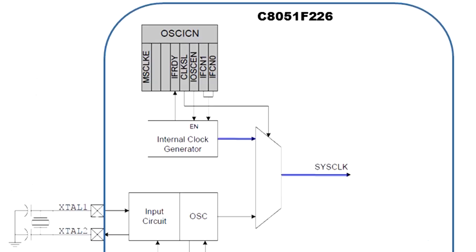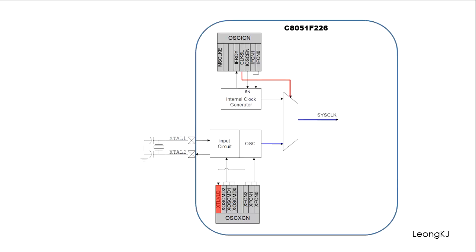The user can then control the bit in the internal oscillator control register to select the clock from the external oscillator circuit. Assuming a crystal of 11.0592 MHz is used, the system clock will therefore be 11.0592 MHz.